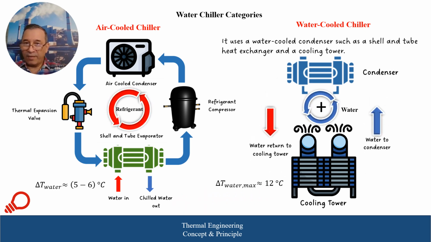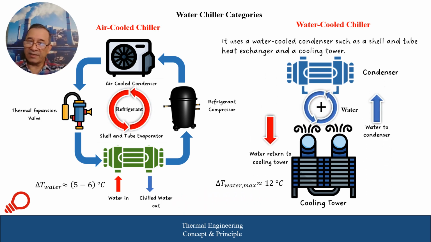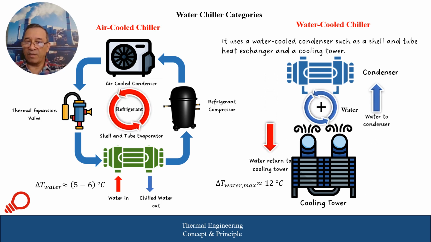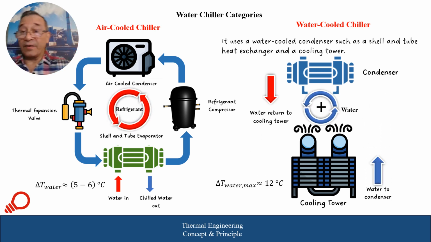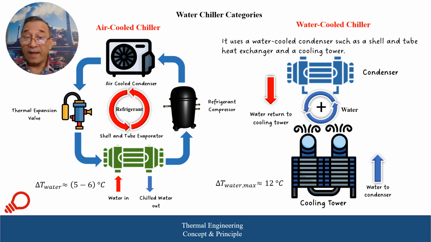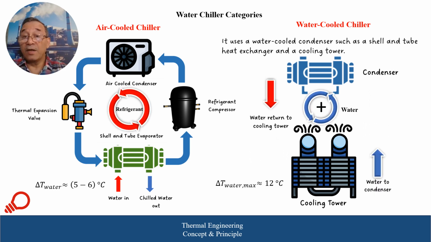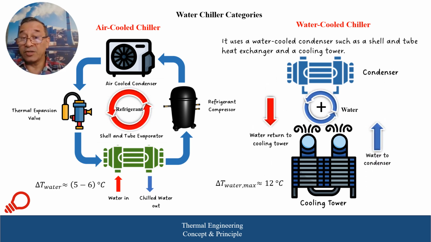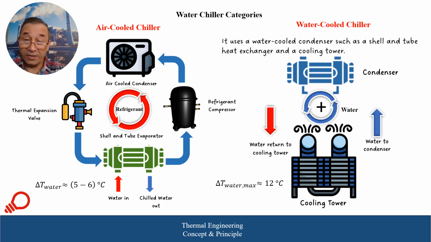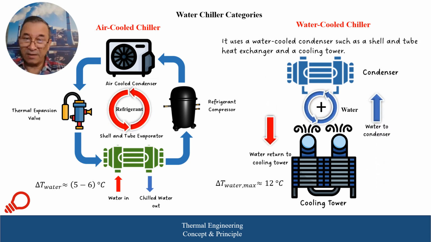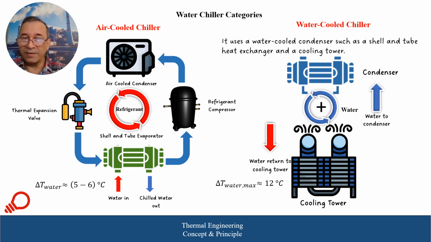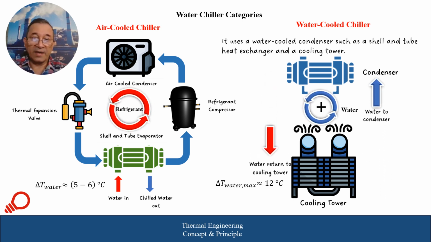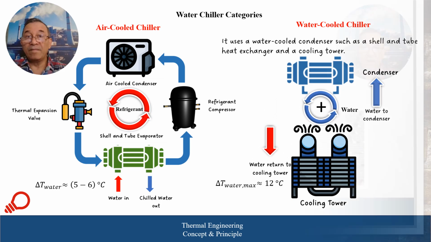Then the water is heated as it extracts the energy from the refrigerant and returns back to the cooling tower to achieve the cooling and return back to the condenser. In that sense, we will get steady state conditions and continuous operation. The maximum delta T of water is around 12 degrees centigrade.